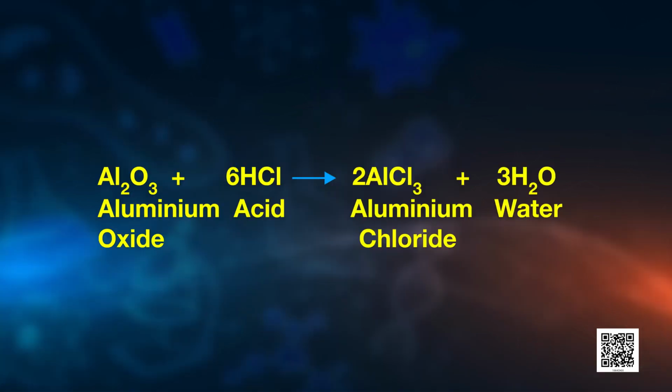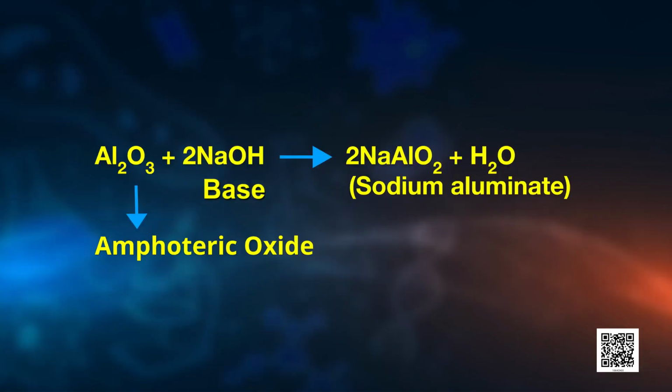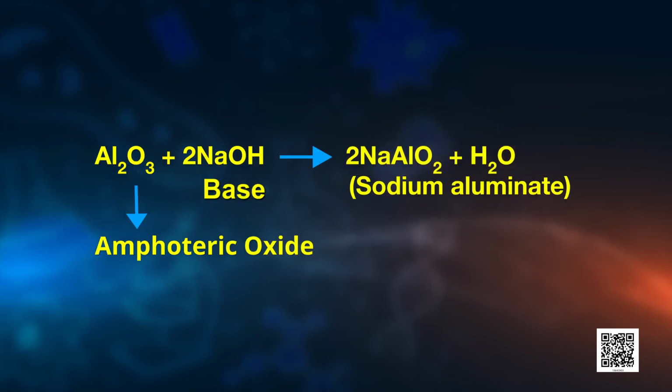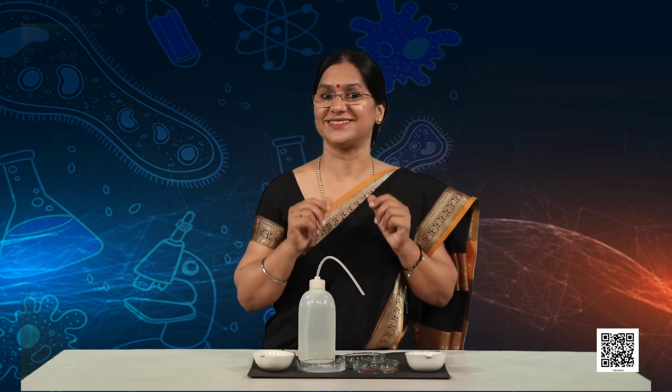Such metal oxides which react with both acids as well as bases to produce salt and water are called amphoteric oxides. Remember this word? Amphoteric. Yes, they are called amphoteric oxides. Another important chemical property of metal oxides is that most metal oxides are insoluble in water.